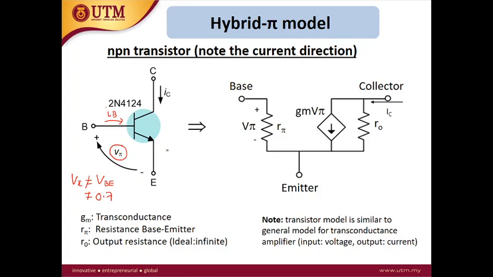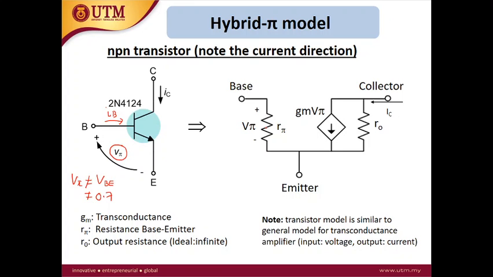This is the hybrid pi model. Between the base and emitter junction, in the active operating region, the base-emitter junction is forward biased, and at forward bias there will be an internal resistance.